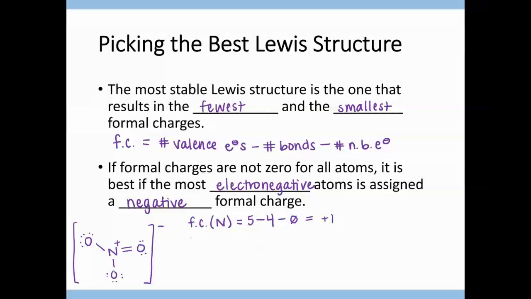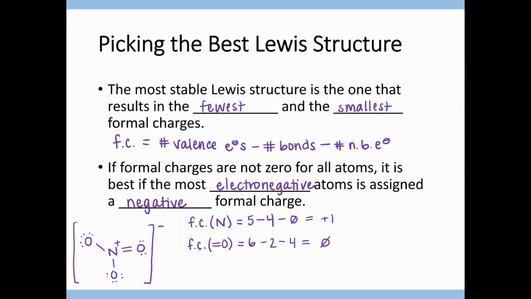Now let's do formal charge of the double bonded oxygen here. Oxygen is in column number 6, has 6 valence electrons. In this structure, the double bonded oxygen has a total of 2 bonds. So we subtract number of bonds, so 2. And then it also has 4 non-bonding electrons. So 4 dots, subtract 4.